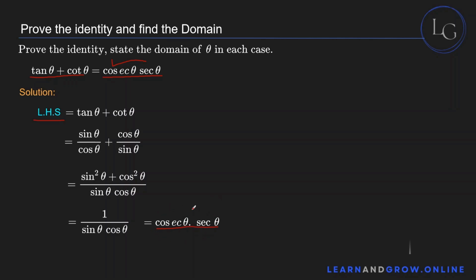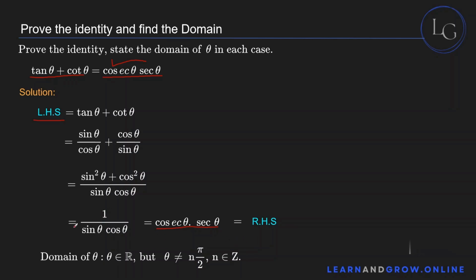Now the domain of this function is basically just theta is any real number, but theta cannot be equal to any multiple of pi by 2, because sine theta becomes 0 when it is any multiple of pi, and cos becomes 0 when it is any multiple of pi by 2.